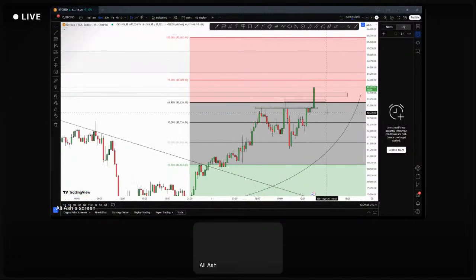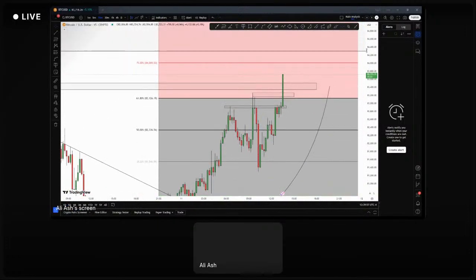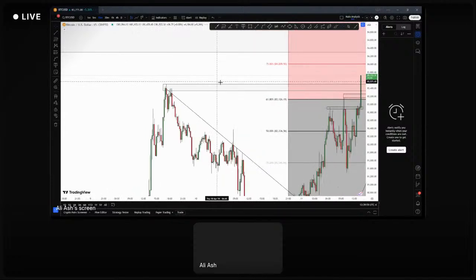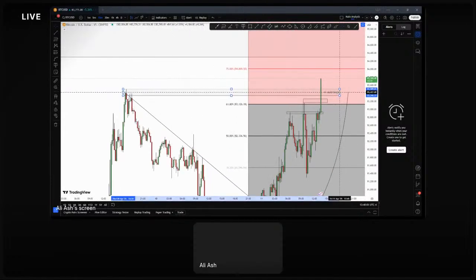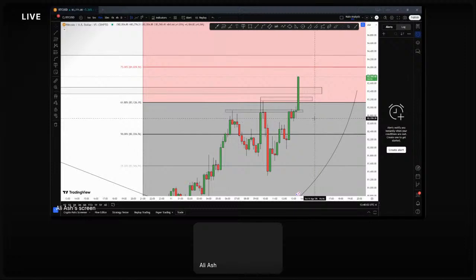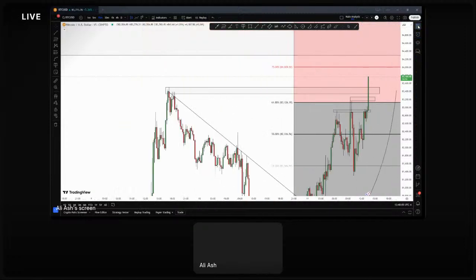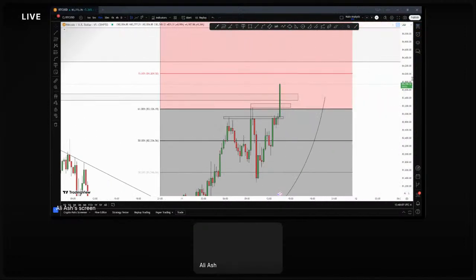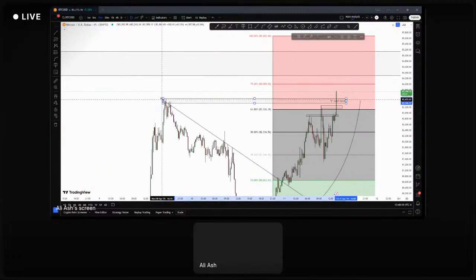Wow, what a volume burst we are having. No words, and we win here. So we have broken out this equal high as well. So amazing.